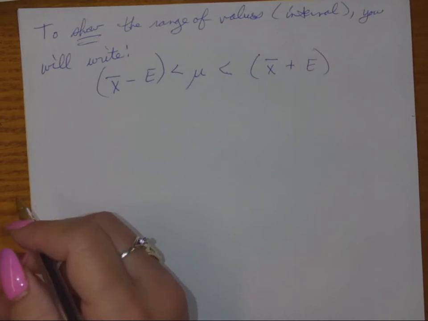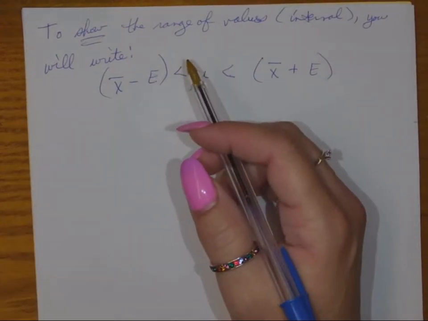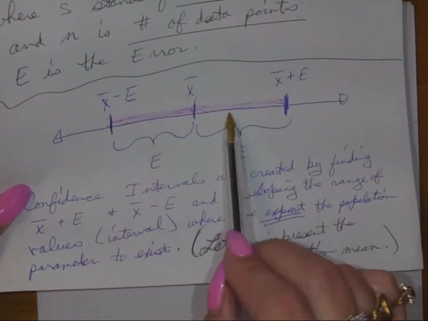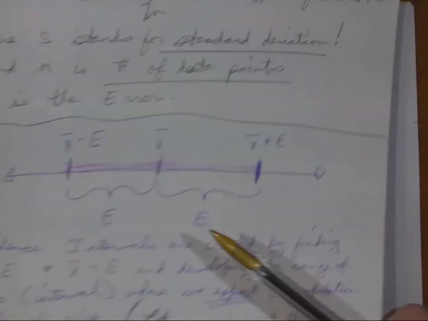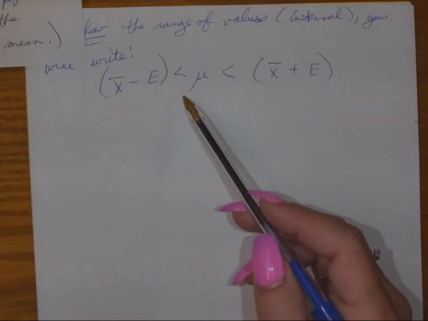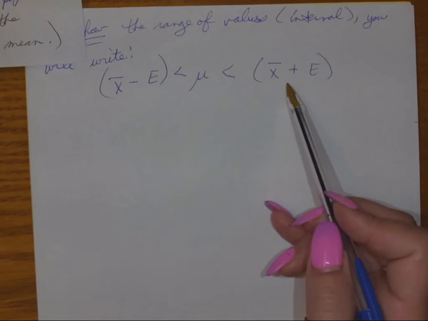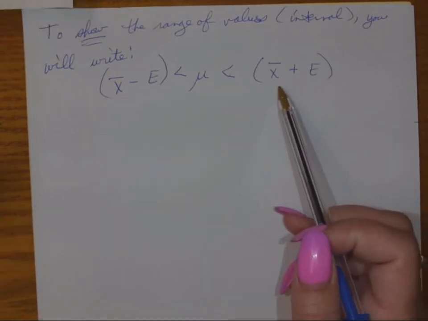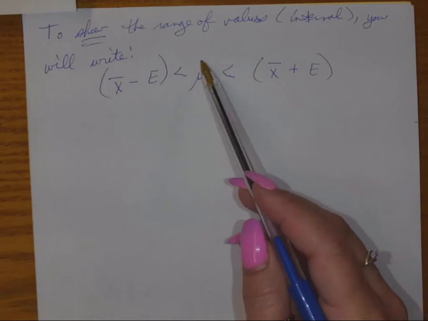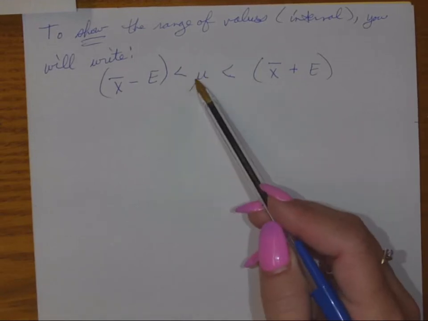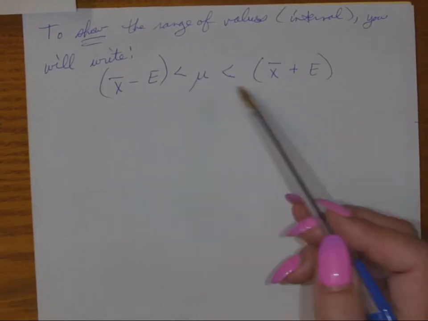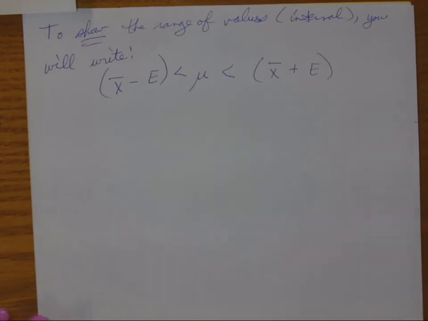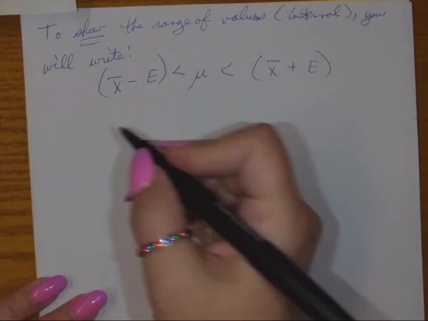So what does that mean? Here's my confidence interval. My mu is somewhere inside of that. So you'll find a number, maybe this is 22 and this is 45. So there will be values on both sides of my mu. So I know that the average for the population is somewhere between these two values. So what we do is we sandwich it, right?